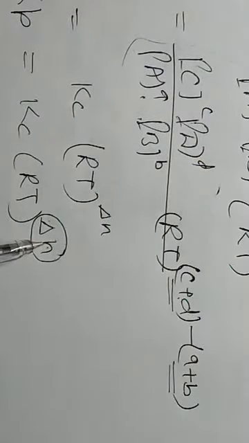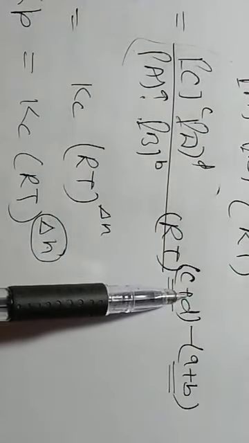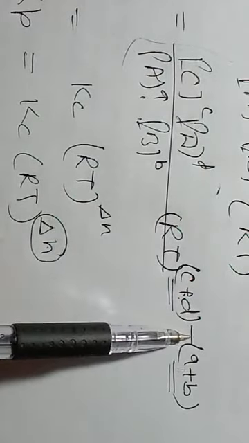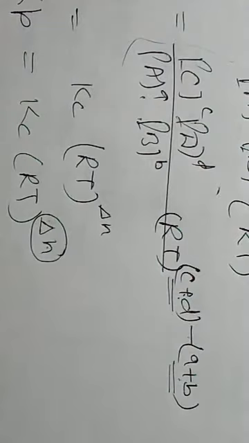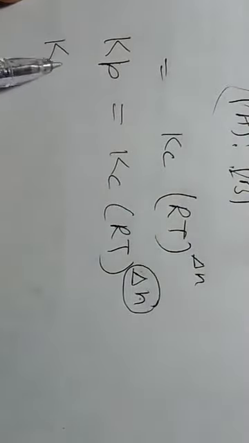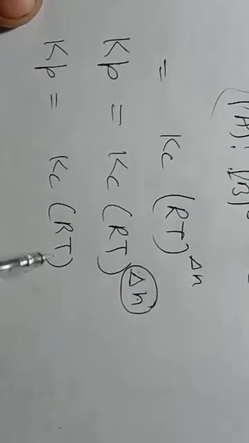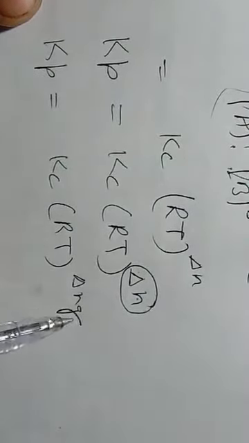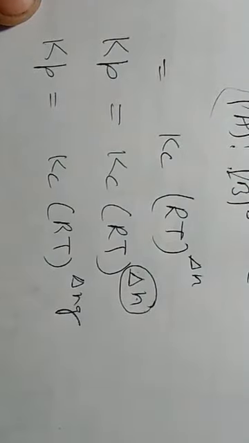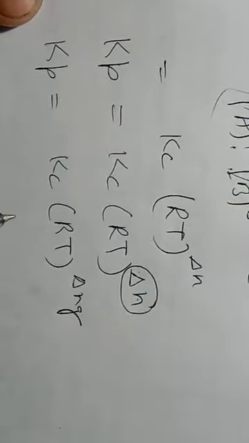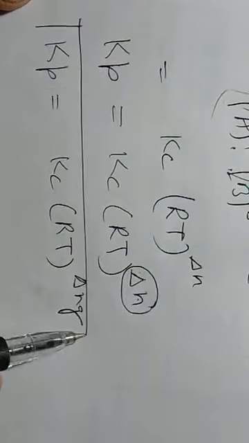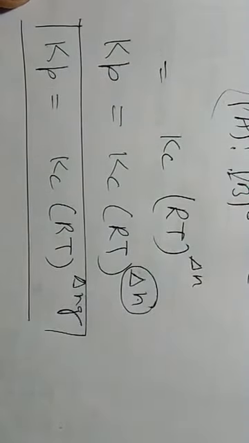Delta n is the total number of moles of gaseous product minus gaseous reactant. In some books this relation is also written as Kc RT raised to delta ng. This g symbolizes gases. Okay students, so this is the relation between Kp and Kc.